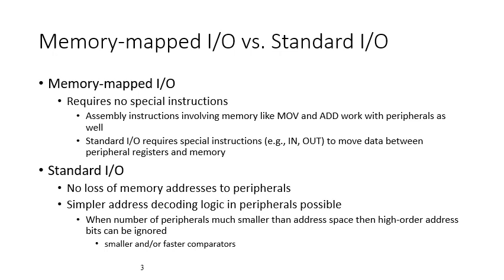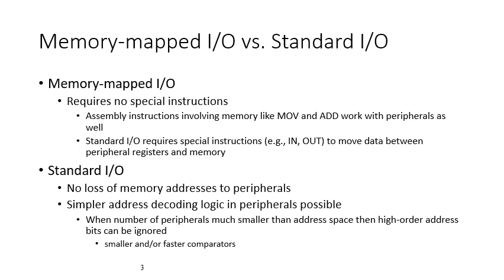These slides include further details of the comparison between memory mapped I/O and standard I/O. Memory mapped I/O requires no special instructions. Assembly instructions involving memory, like move, work with peripherals as well, so we do not need any other instructions.